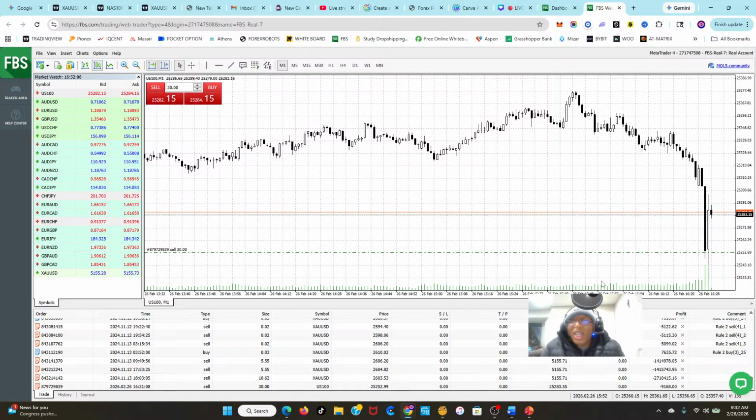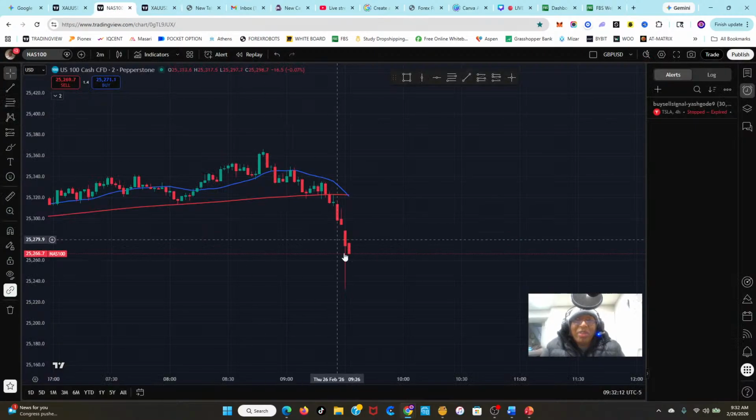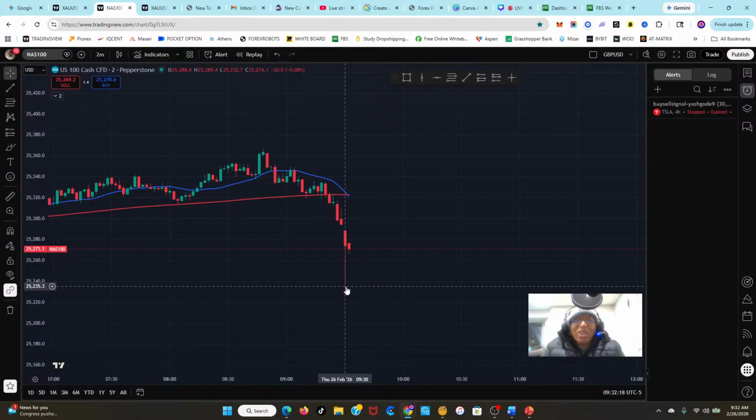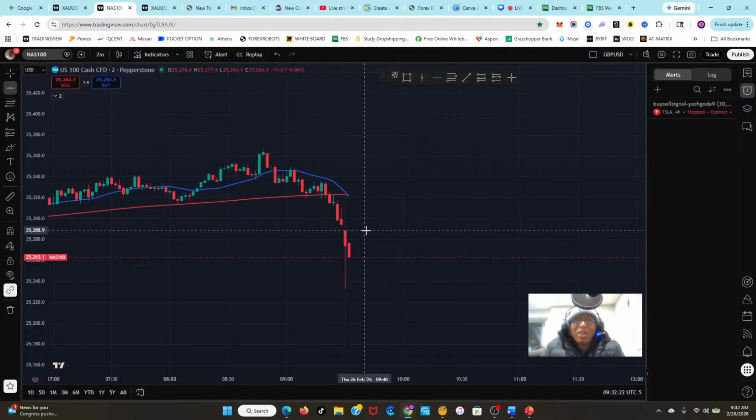If it engulfs this power bar completely, okay, if you're looking at Trading View, then you can see how it looks like. That's a 2 minute. So it started with the power bar, so our stop loss is going to be right here.